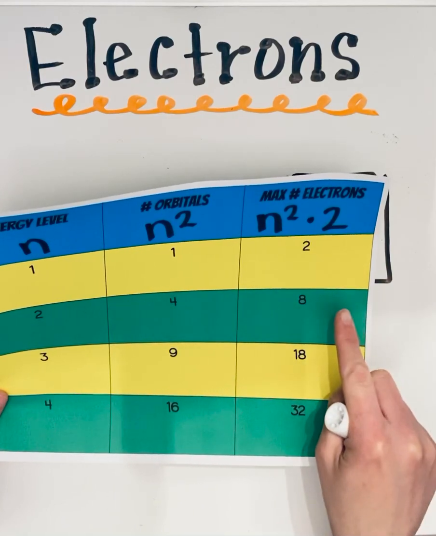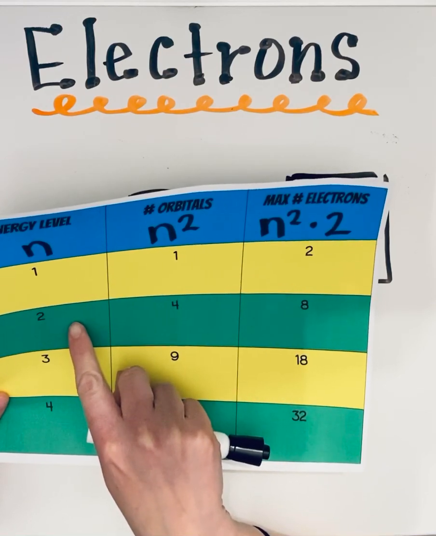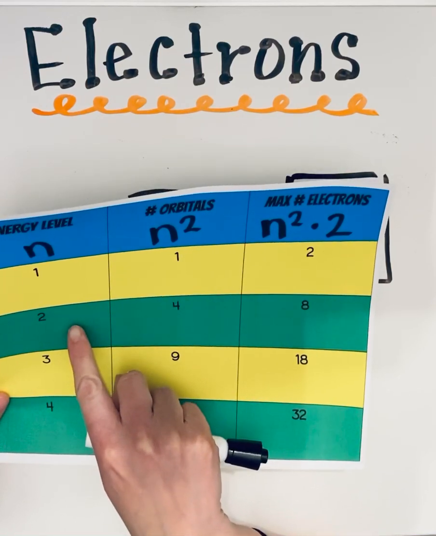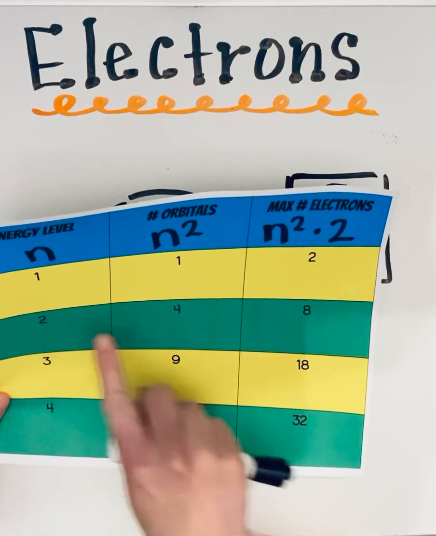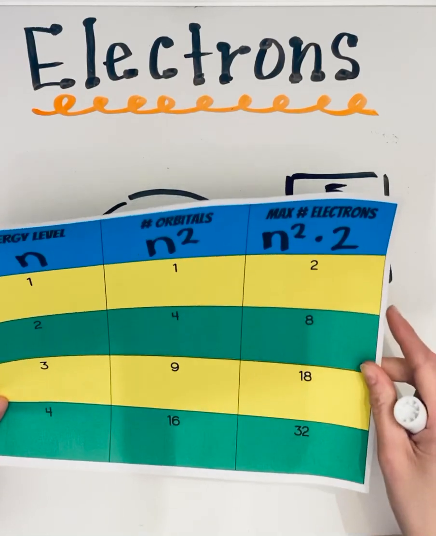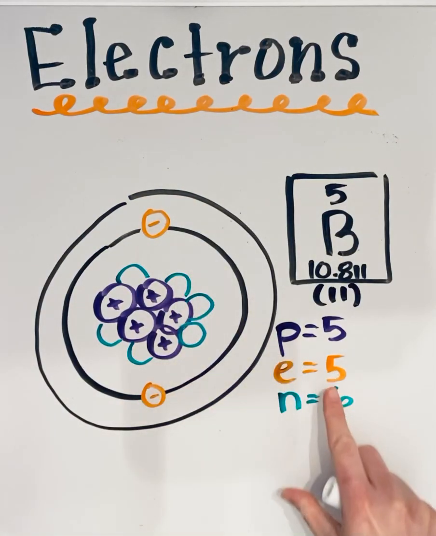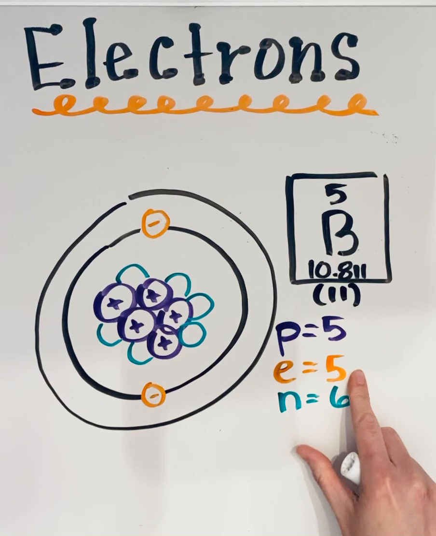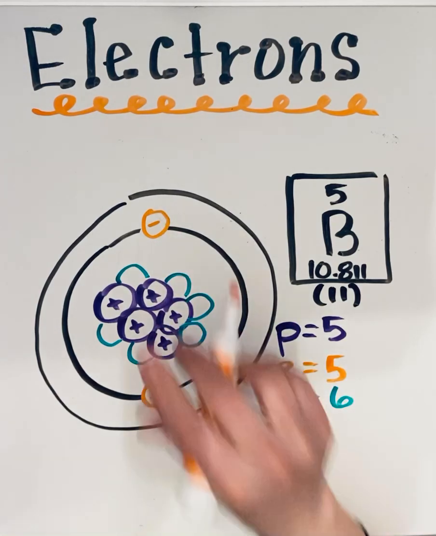So I could have just applied the formula. Energy level 2 is n squared, 2 times 2 is 4, and 4 times 2 is 8. So that gives me the 8 people that can fit on that second floor. I don't need 8 though. I only have 5 electrons in 1 atom of boron. I already have 2 here, so I only need to draw 3 more electrons.